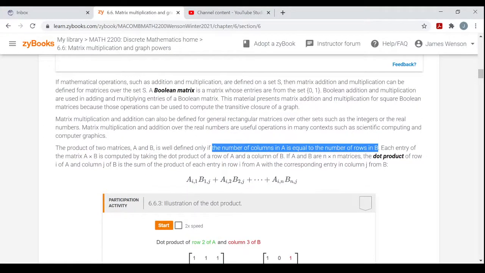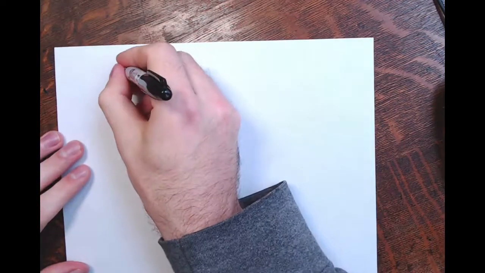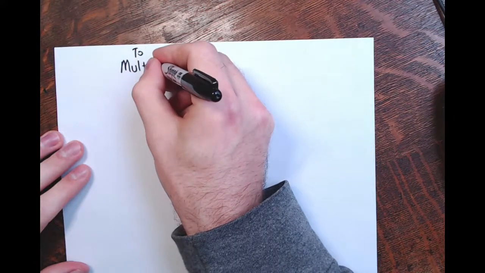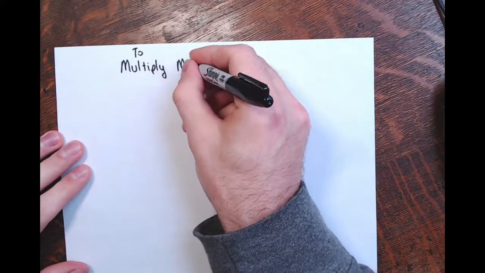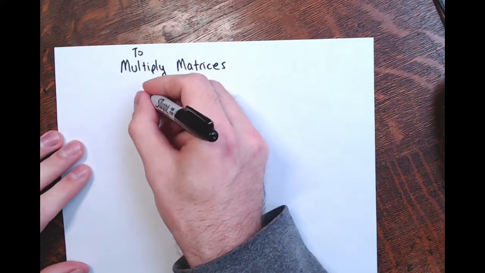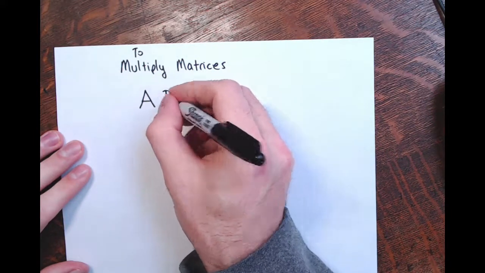All right, so let me show you an example. All right. So this is matrix multiplication. So again, to multiply matrices, say A times matrix B.